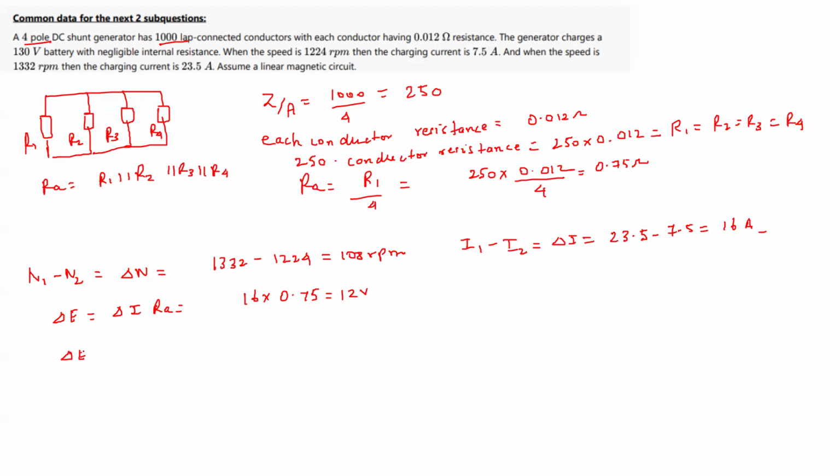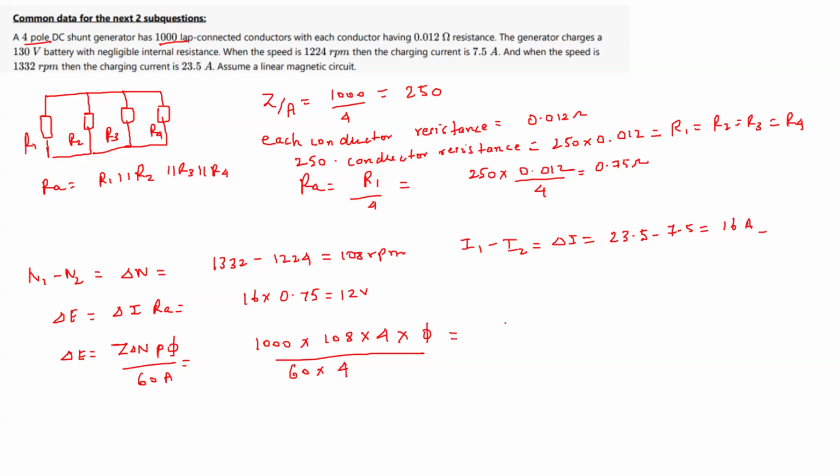Now delta E is Z delta N P phi by 60A. The total number of conductors is 1000, delta N we have found in RPM as 108, the number of poles is 4, and phi we have to find. 60 is this, and the number of parallel paths for the lap connected winding is also equal to the number of poles, which is 4.